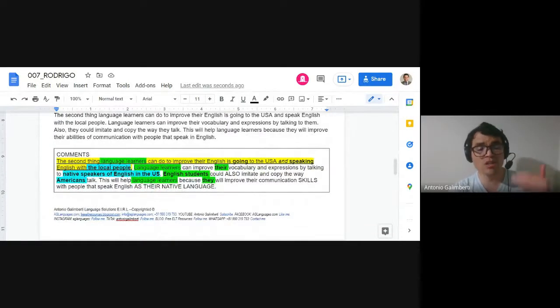And then what else have we learned? Make sure you don't repeat the same phrases many times. And if you are using subject pronouns, object pronouns, and possessive adjectives, make sure that it's clear what they refer to. All right.